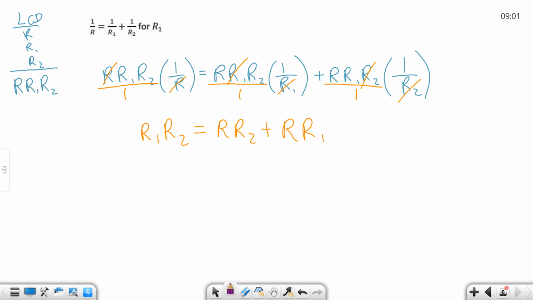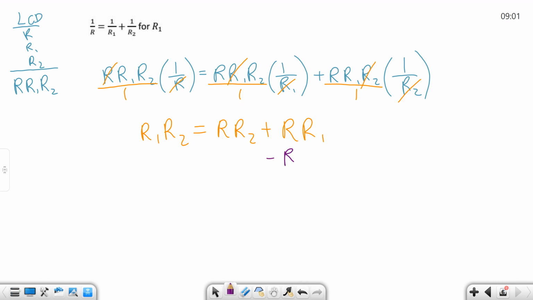What am I solving for? Well, it really didn't matter what I was solving for. I was going to eliminate my fractions anyway. But looking back, I'm solving for R1. That means I need to get all my terms with R1 on one side of the equation. So R1 is already over here, so let's take this term and move it to this side.